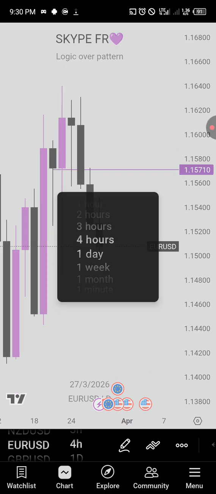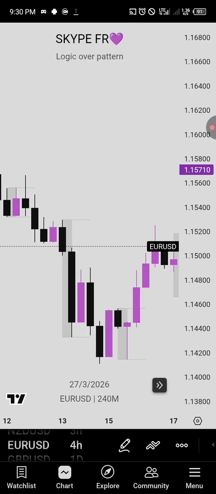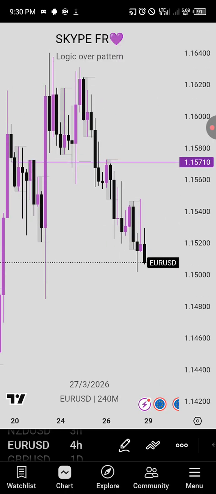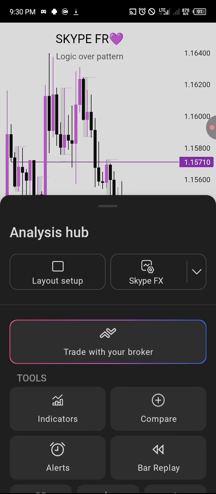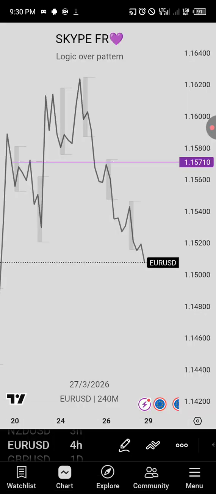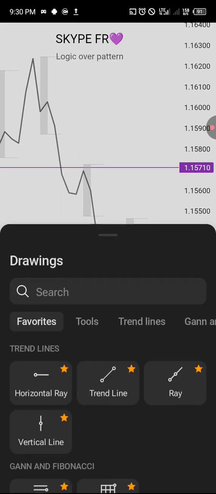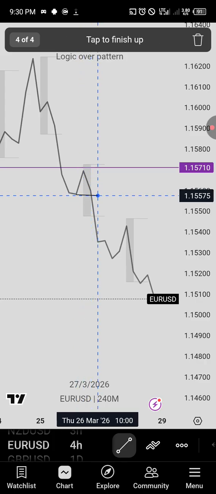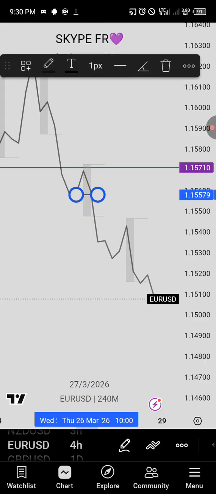Now let's see what H4 is doing. Price tapped on this daily SBR and rejected. Now you can see on the H4 time frame we have a breakout after the tap.